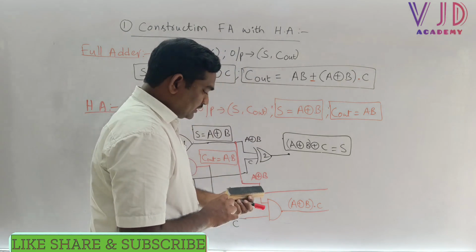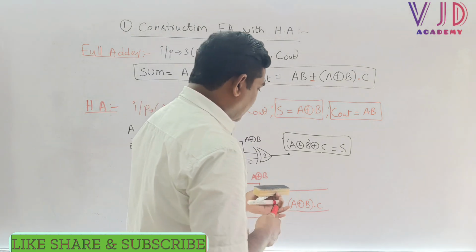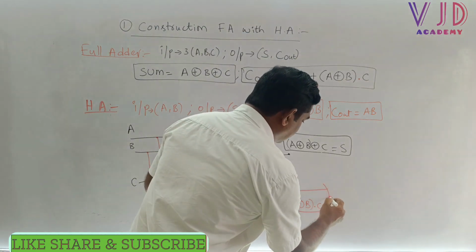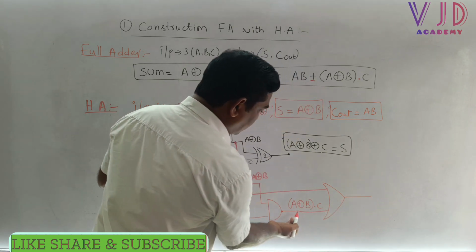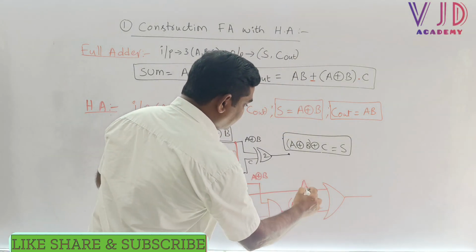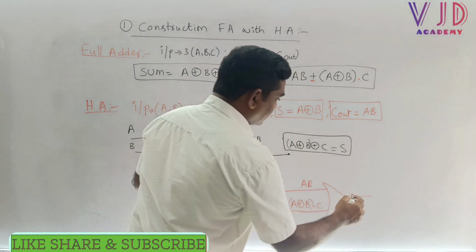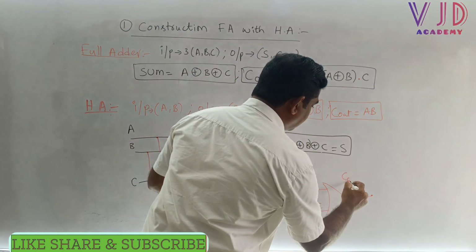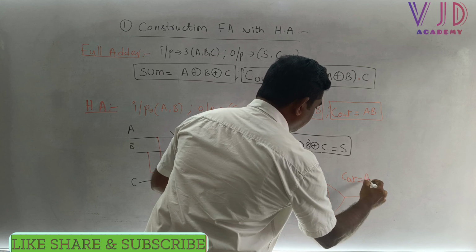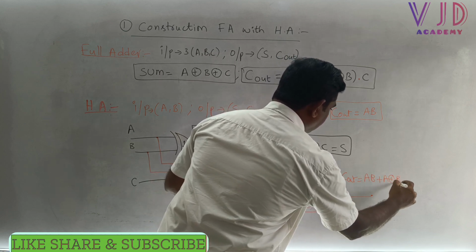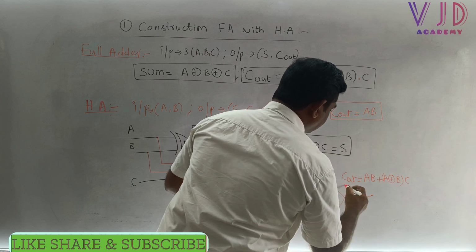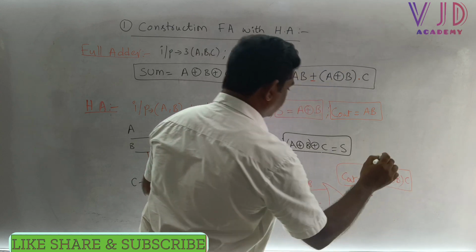Let us try to draw the circuit. Here I need to use one OR gate, sir, so that this is one input and the other input is AB, so that the final output, we can say, C out equals AB plus (A XOR B) into C. So this is the carry output, C out.